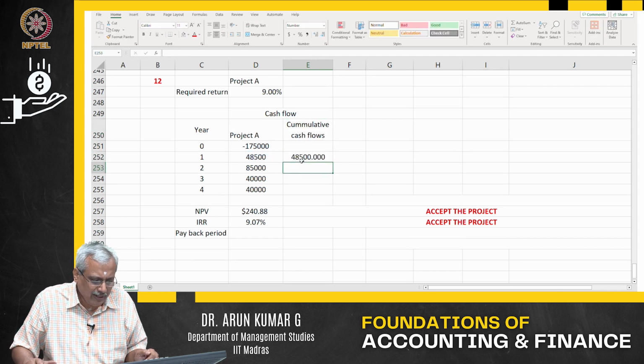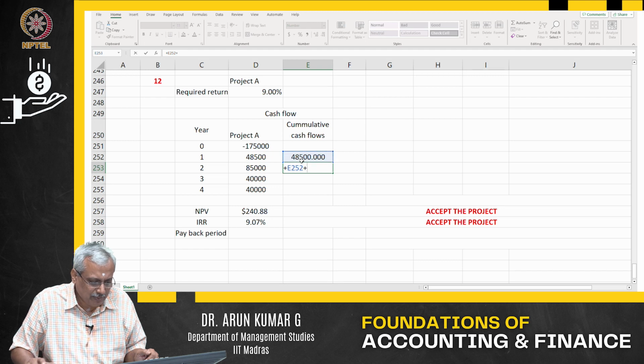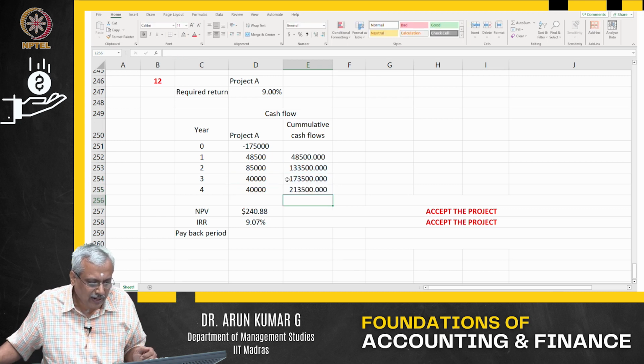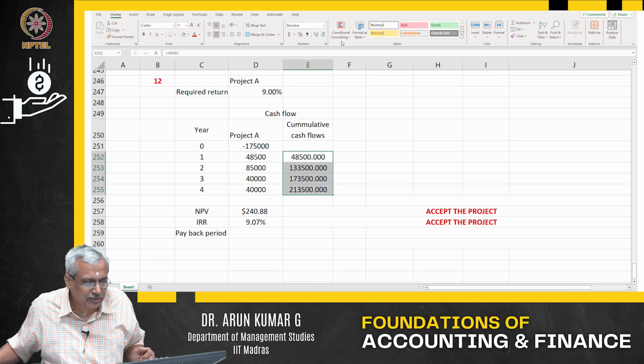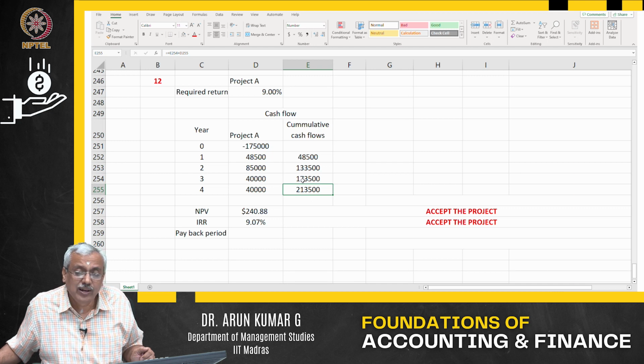First year, there is the one; second year, this plus the one; third year, this plus the one; and fourth year, this plus the one. I am just going to eliminate all the decimals. So I know that in the fourth year, my project is going to be successful. So what is the method that I am going to use? Payback period.